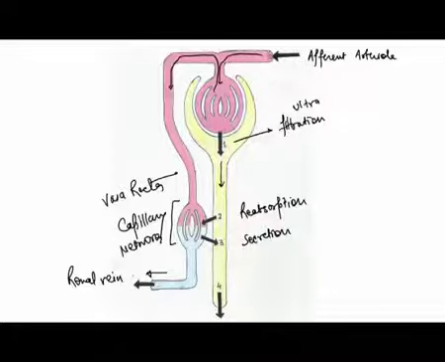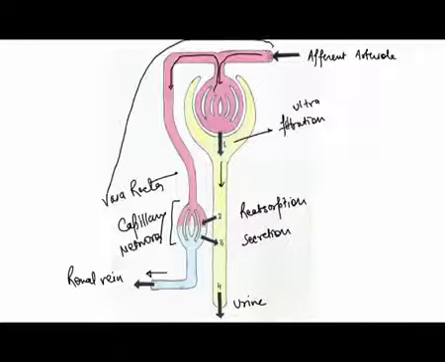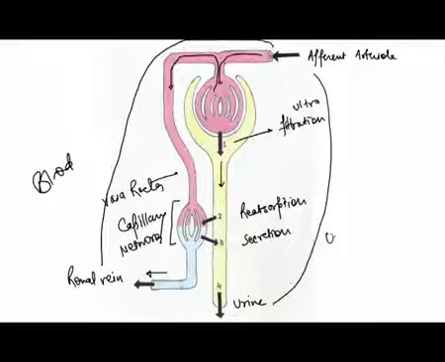So here we have this blood picture, and the last one after the filtrate, what we are getting here is urine. This one is the complete blood side, so we can simply call this blood, and here we can simply call it urine.